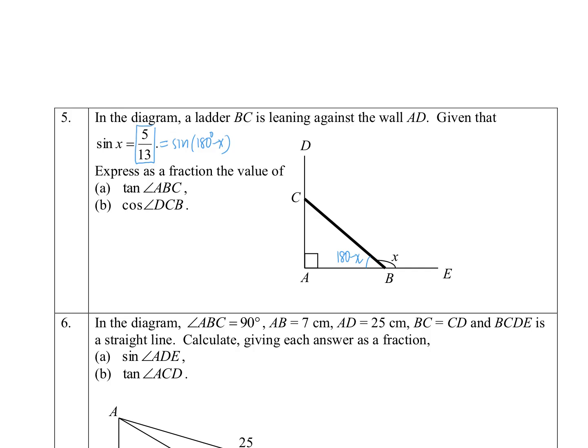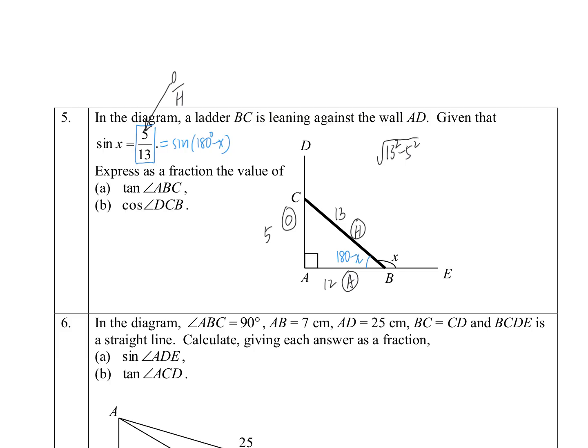So I go to my right angle triangle and I label my H, my A, my O. They tell me that O is 5 units and H is 13 units because this is O over H. So with that ratio, I can find my A. So 13 squared minus 5 squared, square root, 12. So this part here is 12. So I know all 3 sides already.